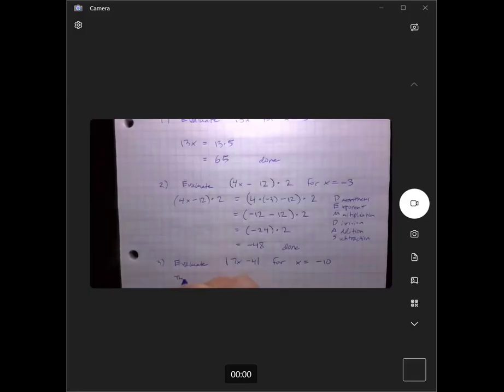So the vertical bars is read as the absolute value of 7x minus 4.